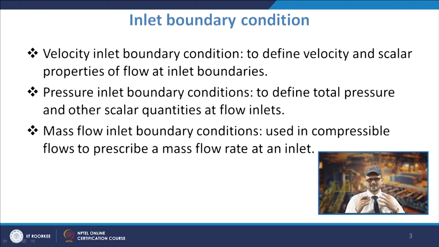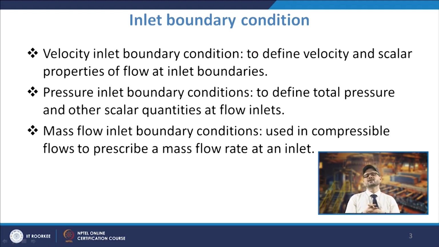That is known as the velocity inlet. When you are specifying the velocity, it is known as the velocity inlet condition. In the normal case we use this velocity boundary condition, especially in the case of incompressible flow, where the density remains constant throughout and does not vary.